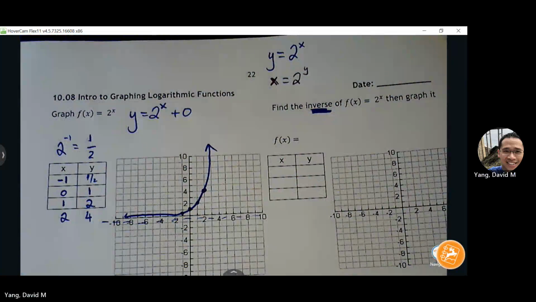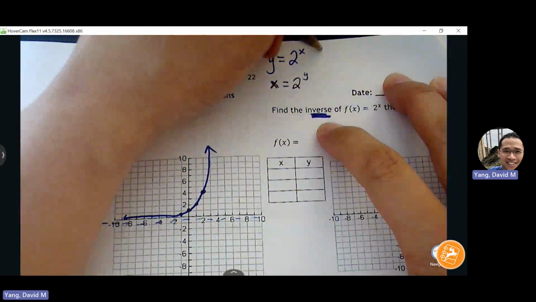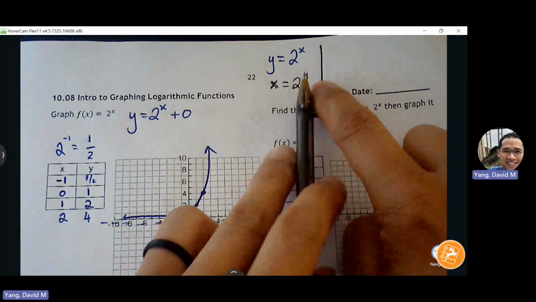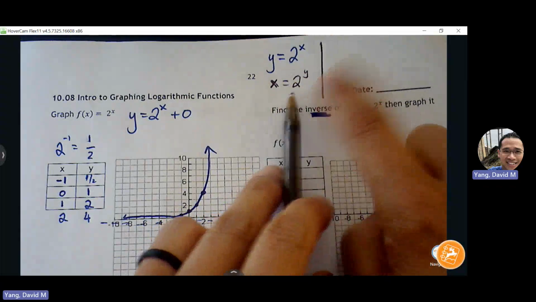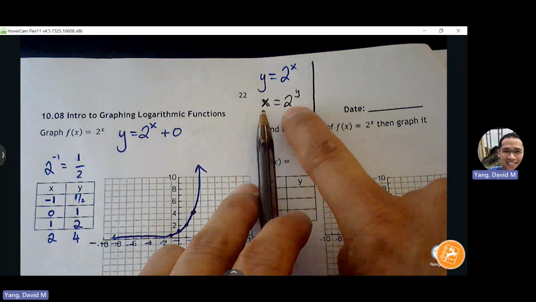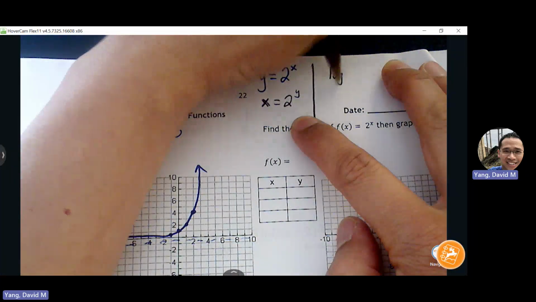Okay, I want to solve for y, because y is now the variable that I want to get by itself. If I want to bring that exponent down, I'm going to take the log of both sides. Here, I'm going to take log base 2 of both sides, because that will allow the 2 to go away nicely.